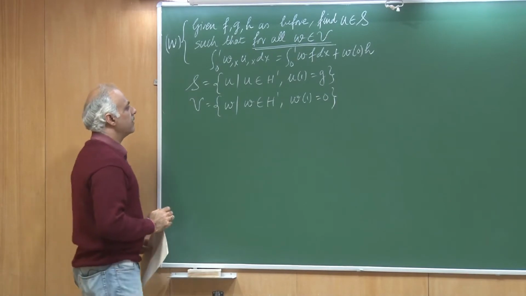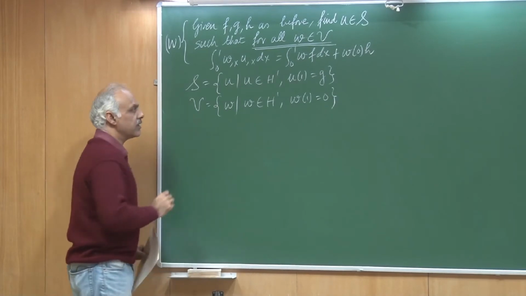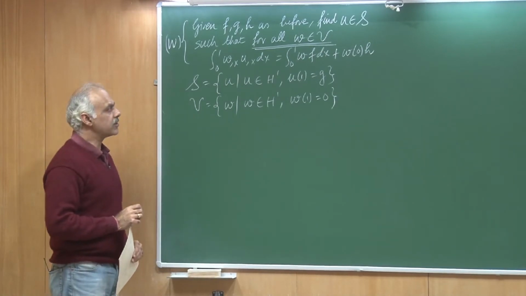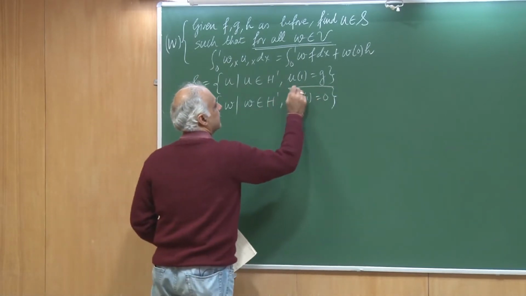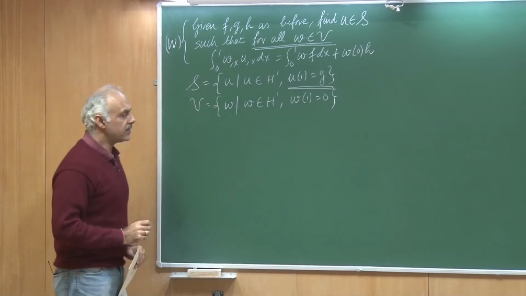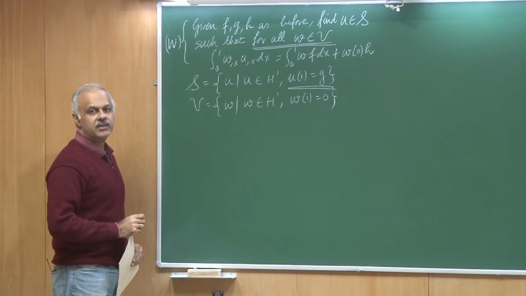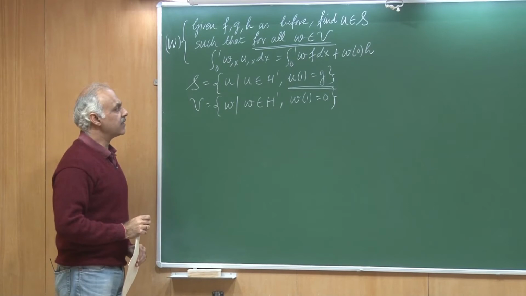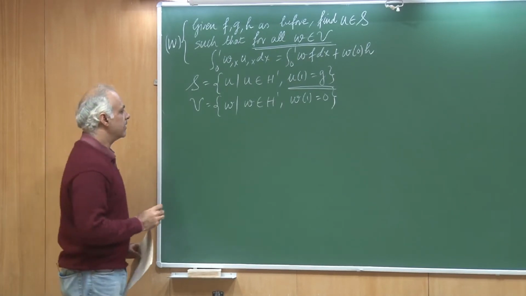Now, please notice that in this weak form of the problem, out of the two boundary conditions, there is one which is satisfied explicitly. But the boundary condition which was the Neumann type of condition, given as minus u comma x at x equal to 0 is h, does not figure explicitly.